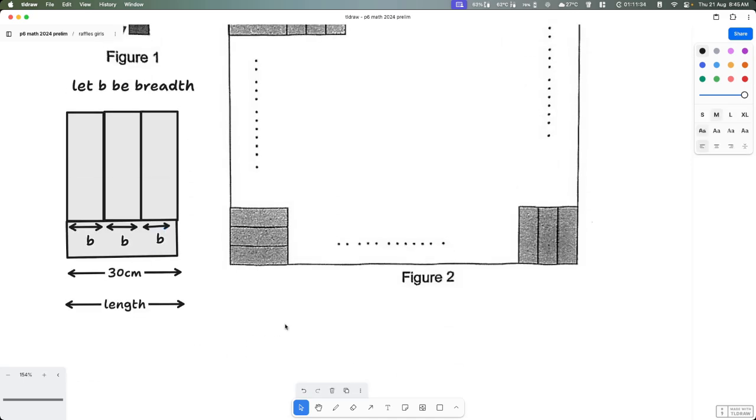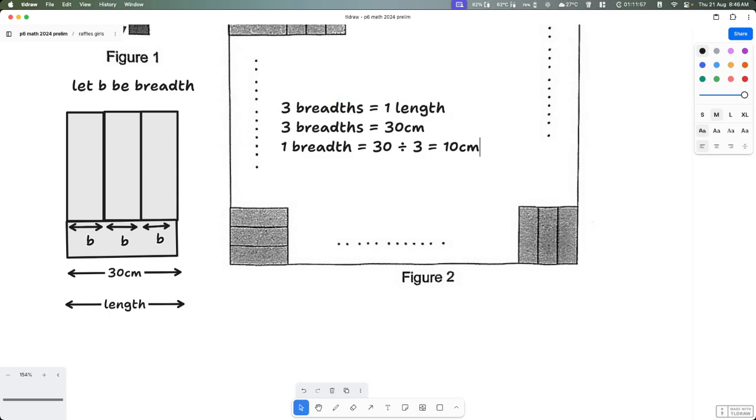So we can write here, three breadths is equal to one length. So that means one length is equal to 30 centimeters. So one breadth is equal to 30 divided by 3. This is 10 centimeters.